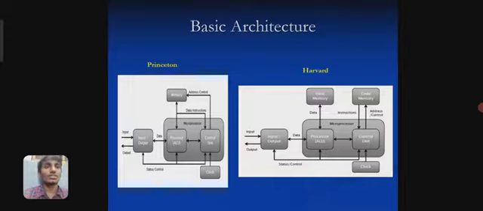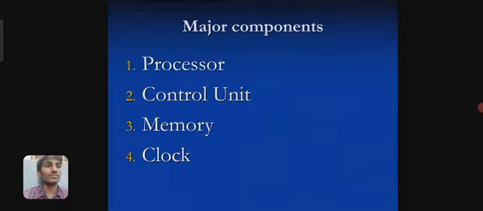So you can see both basic architectures, Princeton and Harvard. We have already seen the Von Neumann architecture and the Harvard architecture. They both look the same, but the difference occurs in the memory and control unit connections. So the major components are the processor, control unit, memory and clock.